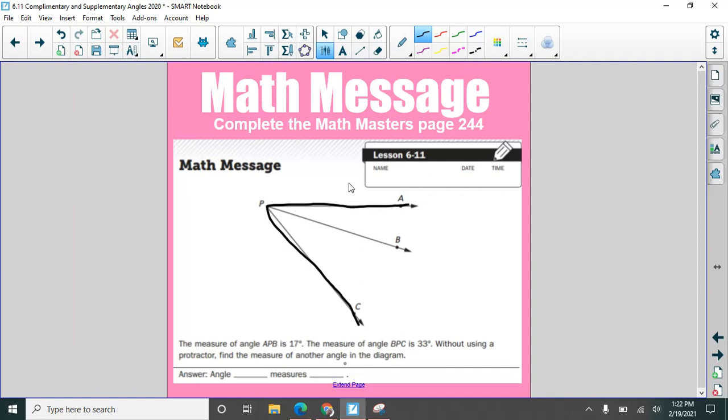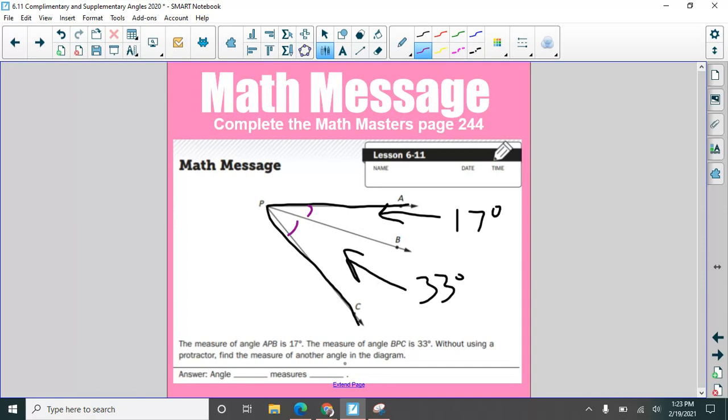Now, let's think about why. We know that right here to right here is 17 degrees. And we know that from here to here is 33 degrees. So what would the whole thing be?